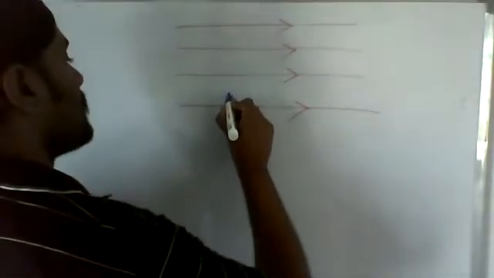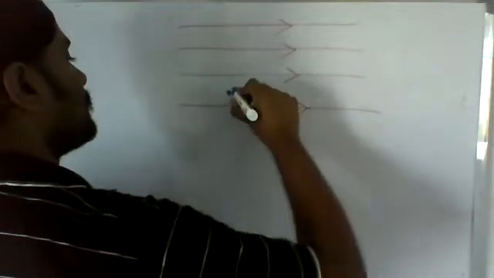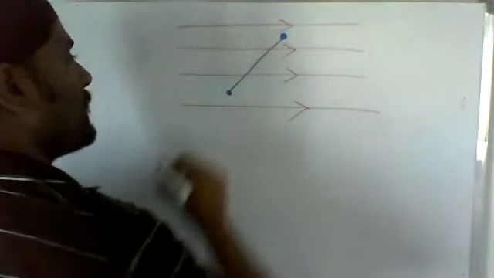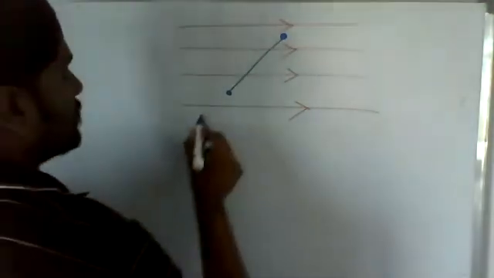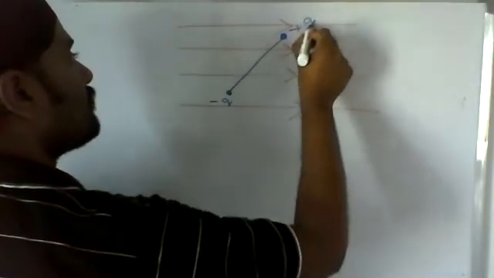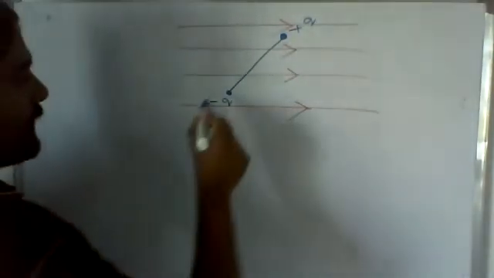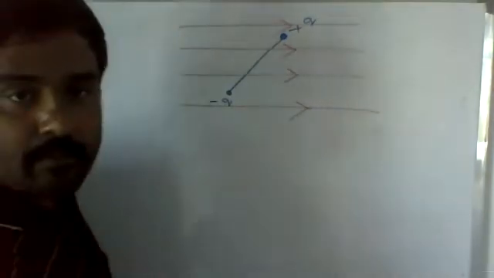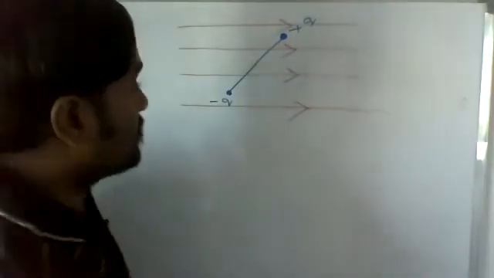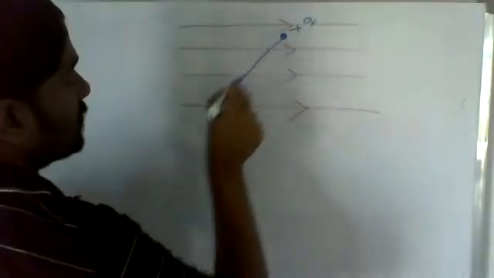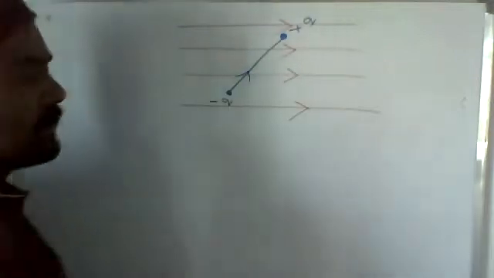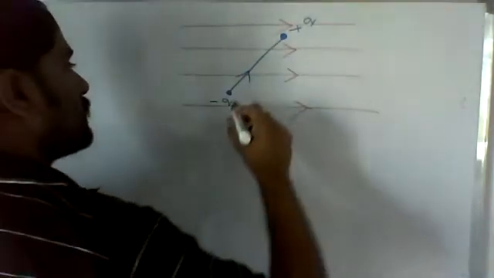Now let us consider an electric dipole, having a pair of equal and opposite charges, minus Q and plus Q. What is the meaning of electric dipole? A pair of equal and opposite charges separated by a small vector distance. The line joining the two charges is the dipole axis, directed from negative charge to positive charge.